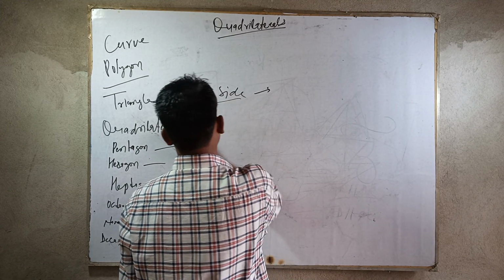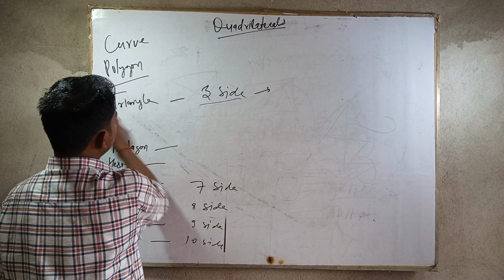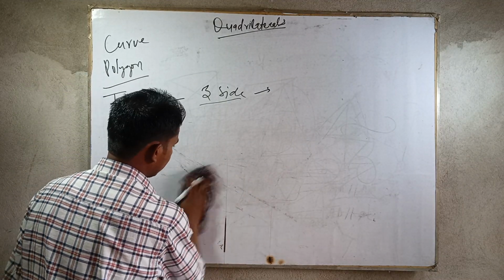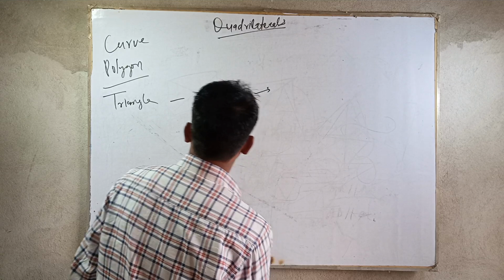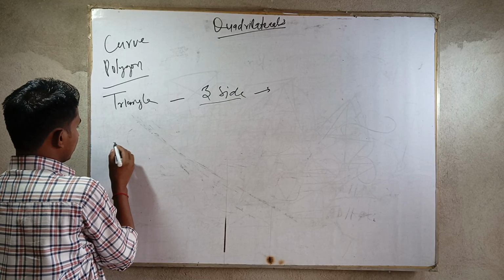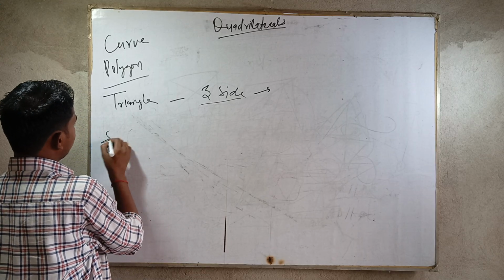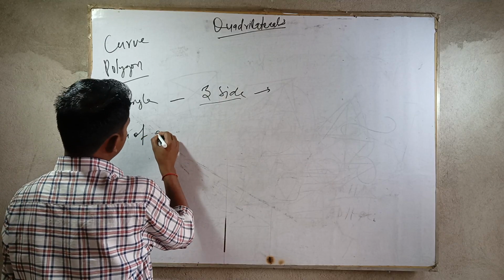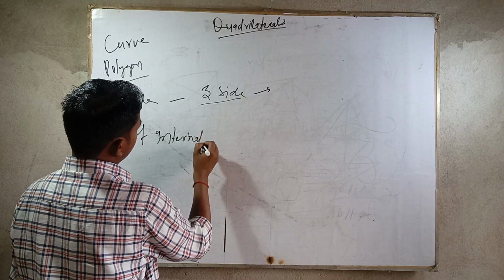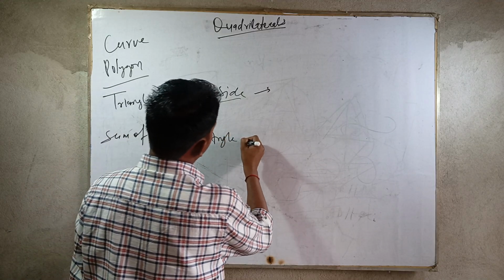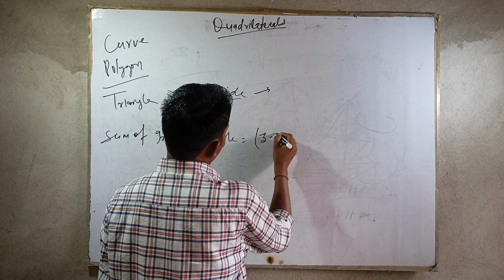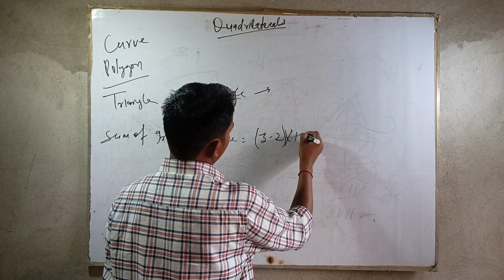I have one formula for finding it: sum of internal angles equals (n minus 2) times 180.